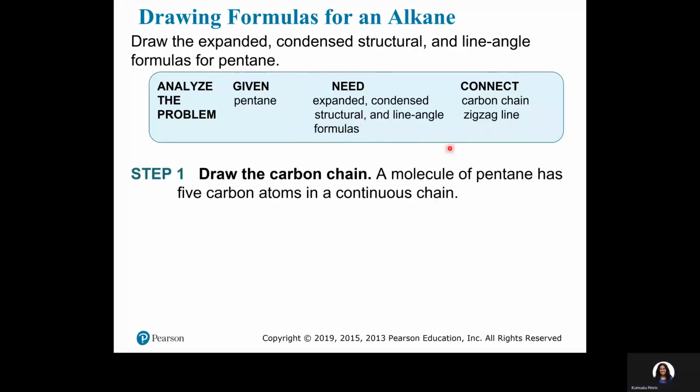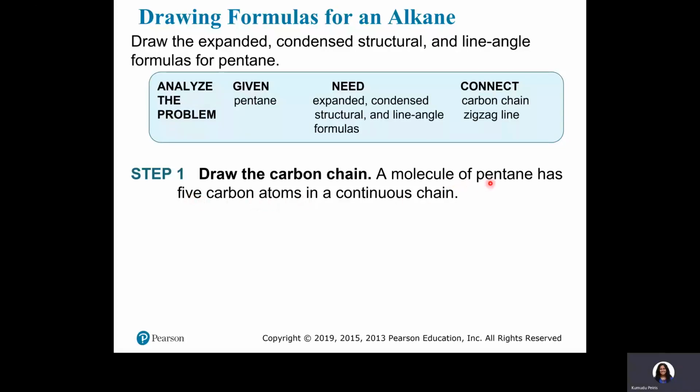Okay, so we start the drawing of the structure by drawing the carbon chain. So what is this molecule? It is pentane. The molecule of pentane should have 5 carbon atoms in a continuous chain. In the main chain, there should be 5 carbon atoms.